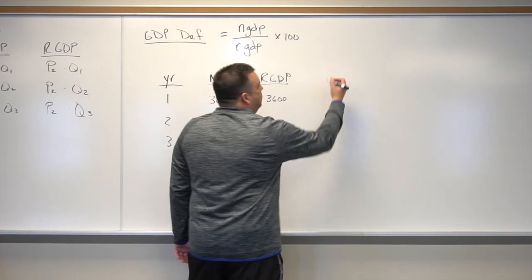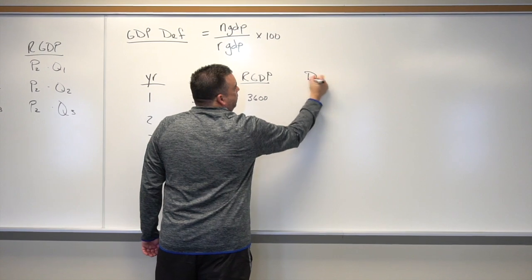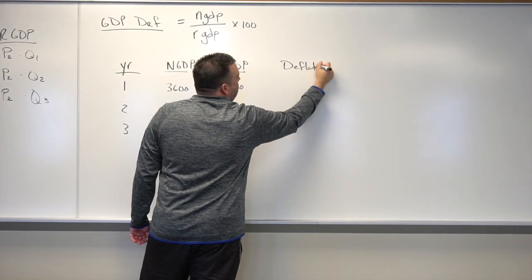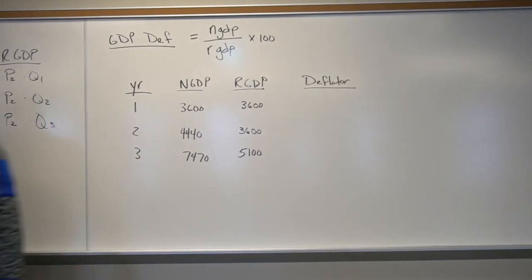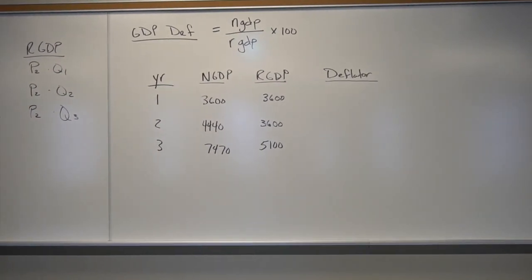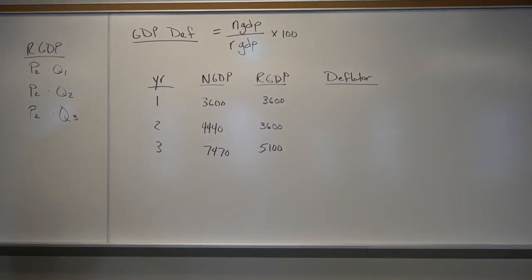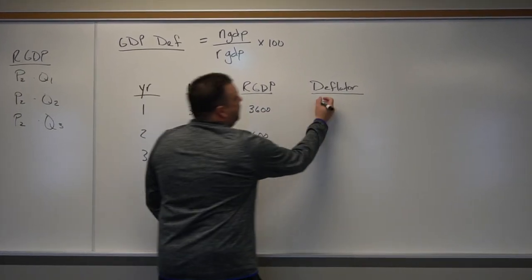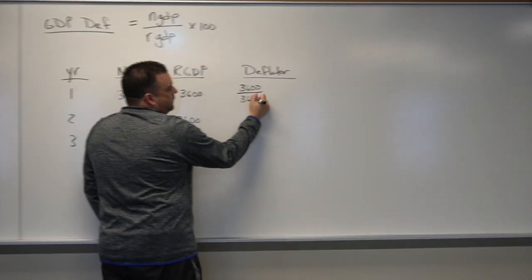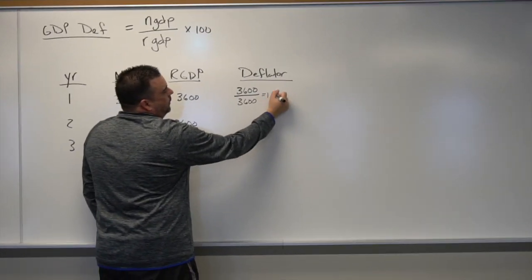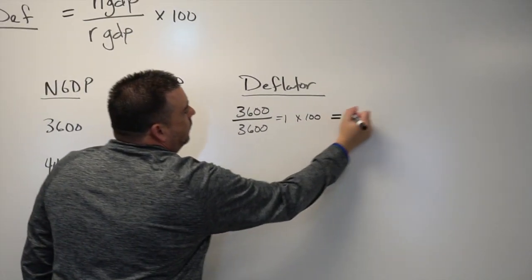Well, I want to make a new category here now for the deflator. And all we're going to do is apply this formula to each of the year values. So for example, in the first year here, I'm going to put nominal 3,600 over real 3,600. That equals 1, so times 100.